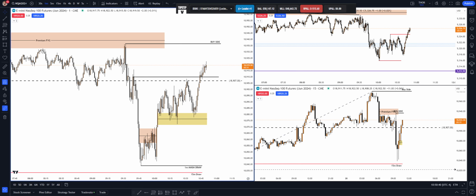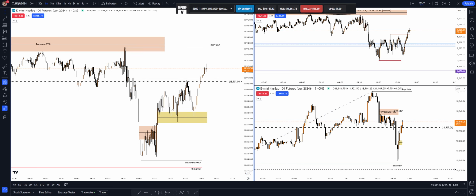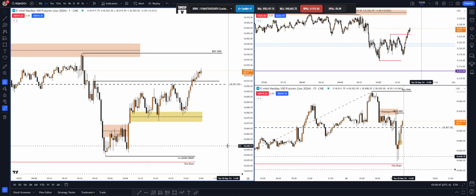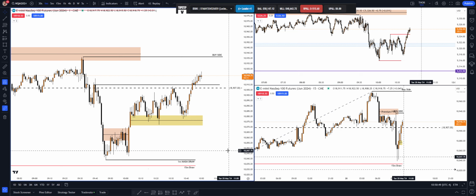I would say not tomorrow, but Thursday, Kilo. There's no news on Wednesday, and I believe it's GDP on Thursday, which is big data.